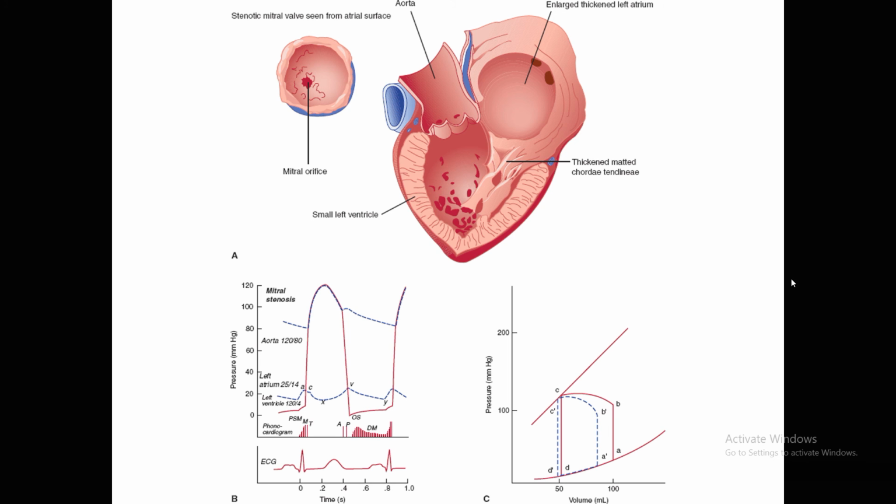Other signs may result from the enlargement of the left atrium. For example, the enlarged atrium may impinge on the recurrent laryngeal nerve. Thus, it may cause some hoarseness.